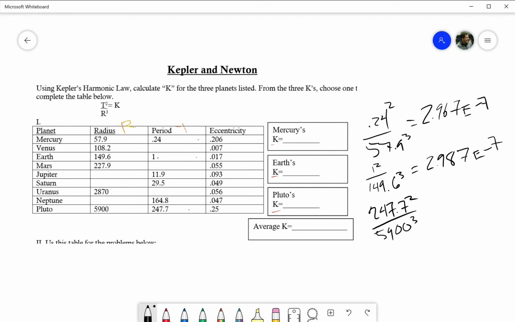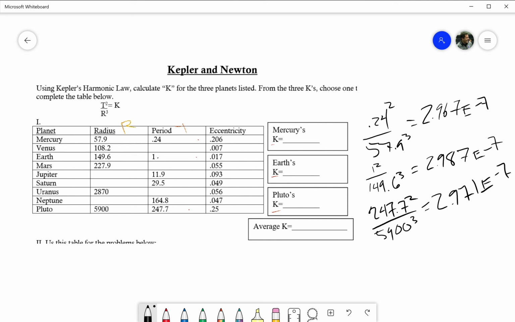All right, do the last one, 247 squared divided by 5,900, math 3, and again I get 2.971 times 10 to the negative 7.